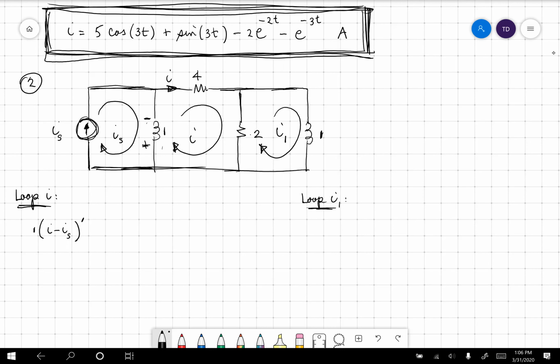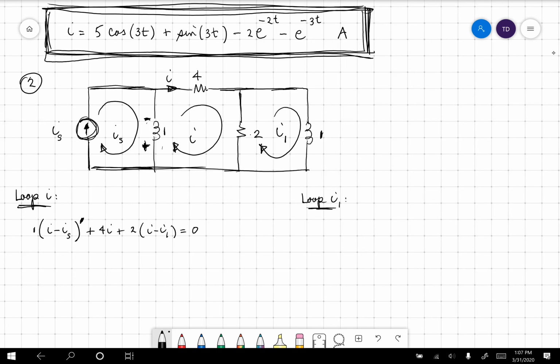So it hits the positive side here, out the negative. So I need all the total current going up. Total current going up is I minus IS. I need the derivative of that. So I'm taking the derivative of that. That's why the derivative is on the outside. Okay, that's that term. Plus 4I plus twice I minus I1 equals 0. It felt a lot like the standard mesh equations that we wrote.